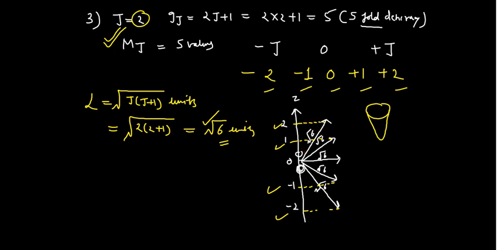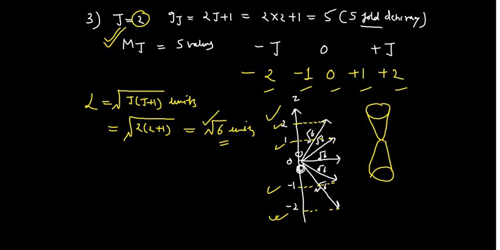Then you can see this one is also rotating in that manner, so you may have your second cone. Similarly, when this is rotating in that manner, you can draw one more cone here in the negative coordinate, because if it is +2, then -2 is already there.